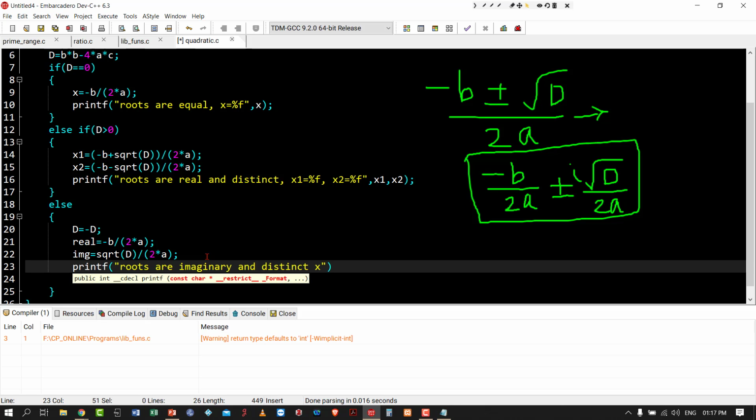Listen carefully, I am writing x1 equal to percentage f plus i percentage f, comma, x2 equal to percentage f minus i percentage f, comma.